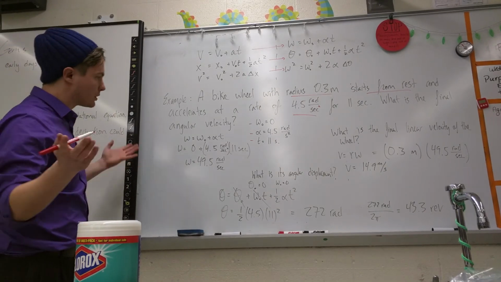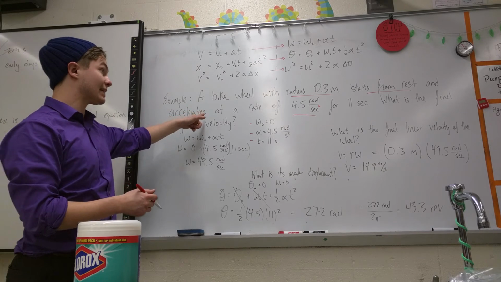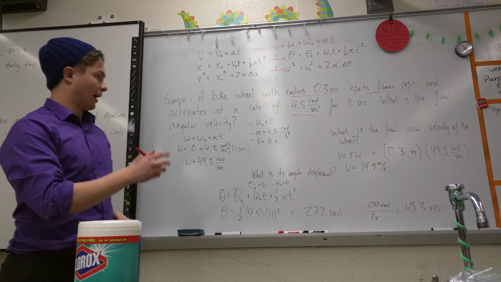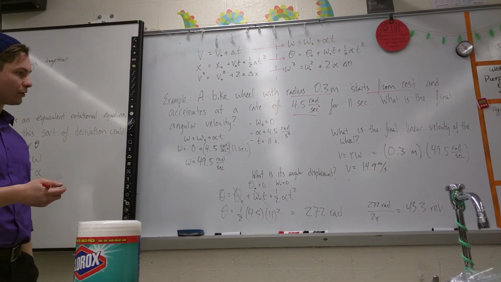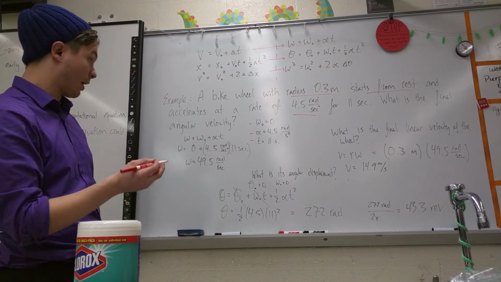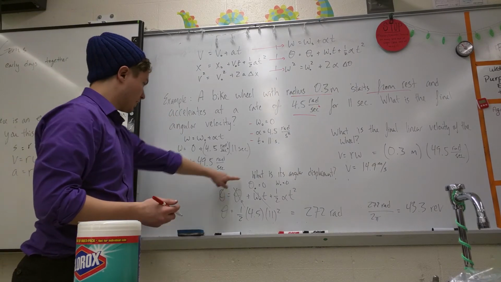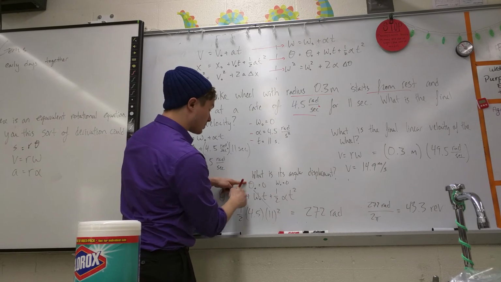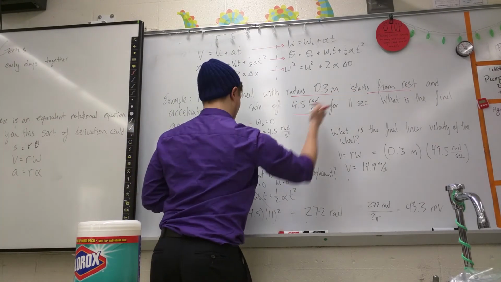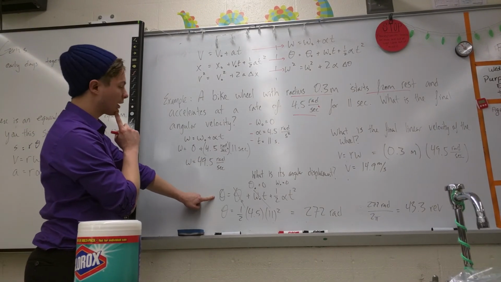And perhaps maybe the most interesting of them all is what's the angular displacement. So if the bike is accelerated for 11 seconds at that rate, how many radians will be swept through, or how many revolutions will this bike make? So let's say it starts at 0, the angular displacement is 0, and the angular speed is 0 to begin with. So I pick out this kinematic gem, the second one.